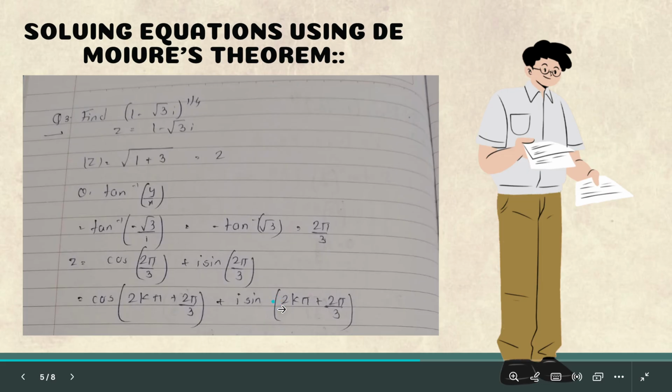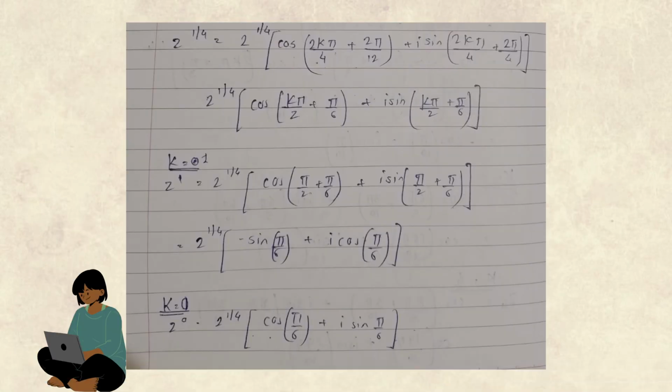So we can add it, and then the next step is writing the value of r outside it by writing it in exponential form, and then we can simplify whatever we have got into the simplest form. This is our final equation, and then we can calculate the roots for different values of k.